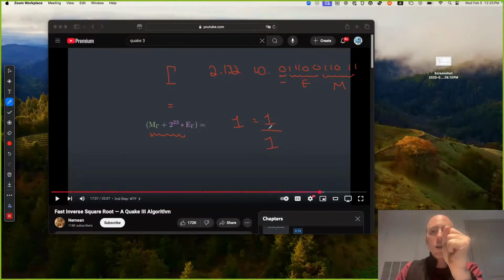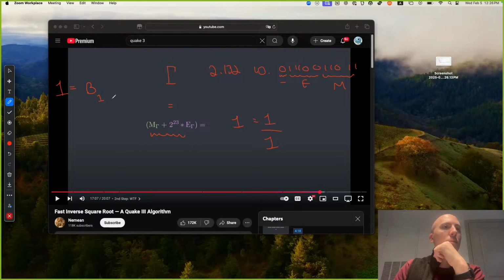It's just one whole thing. So you start off saying 1, and you could say that that's equal to the bits of 1 in an IEEE float.